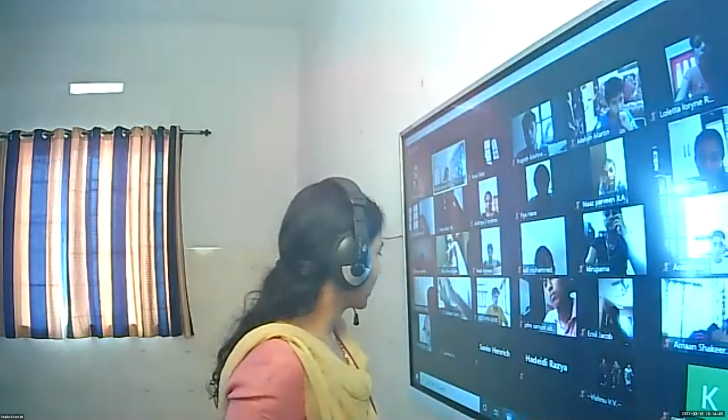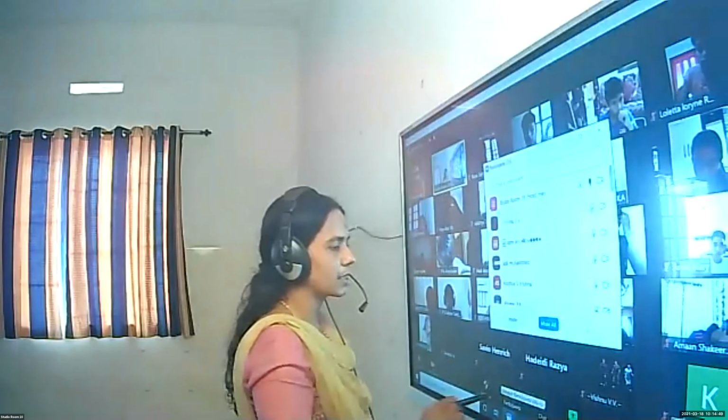Very good. Note down this: a square minus b square is a plus b into a minus b.